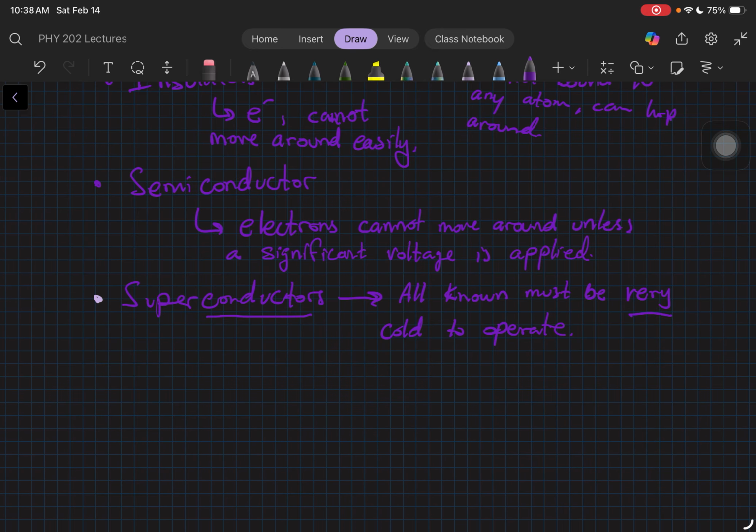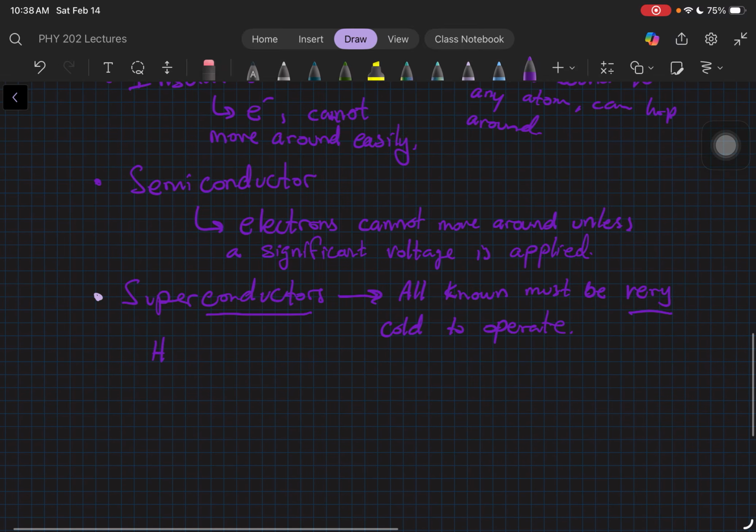But all you need to know as far as superconductors are concerned is, I believe, the highest temperature superconductor, I think, is around 93 Kelvin. So it's achievable with liquid nitrogen, but not at room temperature.